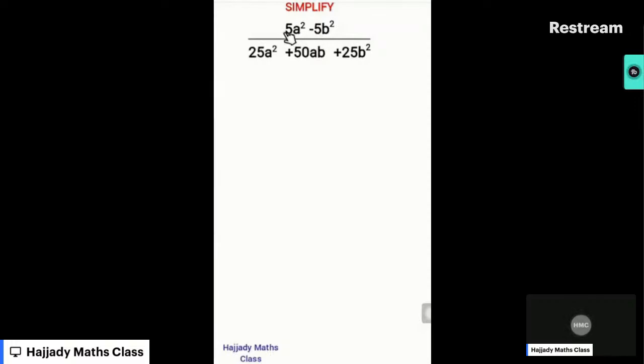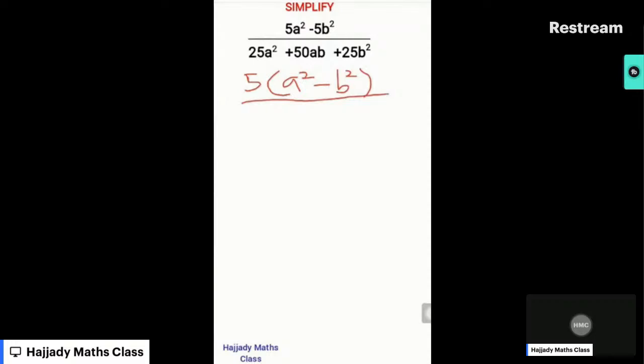They both have 5 in common. So the first thing you have to do is to factorize. Here we have 5 into brackets. You will be left with a squared minus b squared.